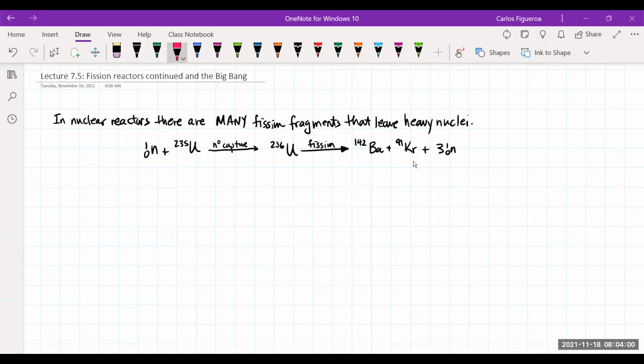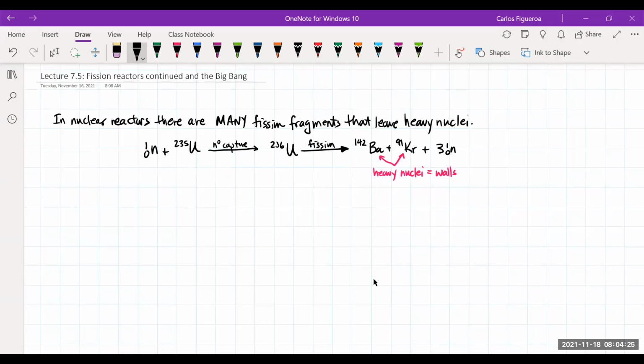But here is the issue. These guys are really heavy. So these guys right here are heavy nuclei, and these guys behave as walls to the incoming neutron.